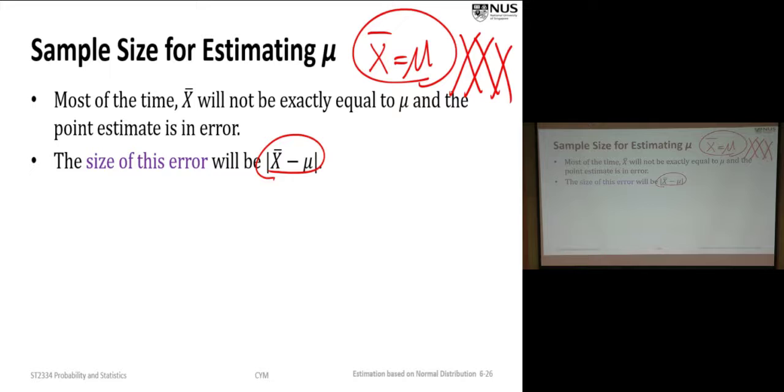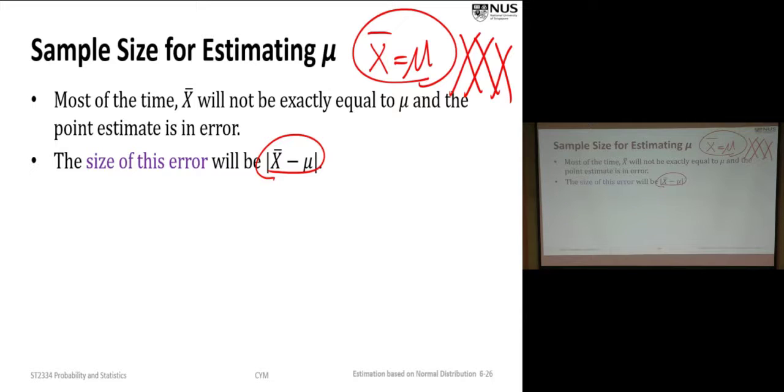Why is it wrong? X bar is a random variable, while mu is a constant. So a random variable shouldn't equal a constant. What we say is that the expectation of x bar equals mu. That is correct.